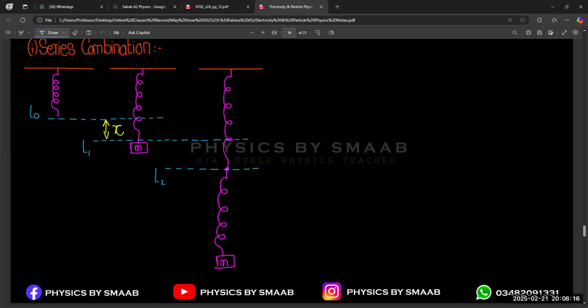So it means if we connect two springs in a line, so this time extension increases as compared to the previous case. It means in series combination, spring acts like a soft spring, right? X represents extension. For example, initially, we are getting extension of value for suppose 2 centimeters. So this time we will get more 2 centimeter.